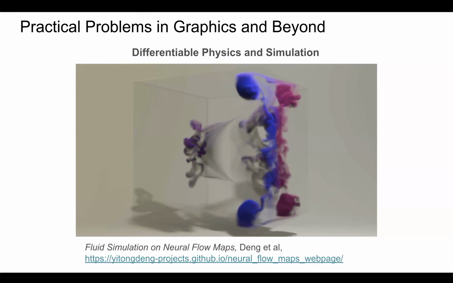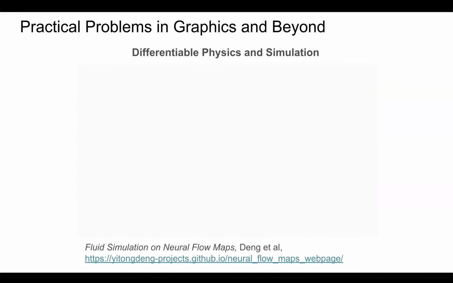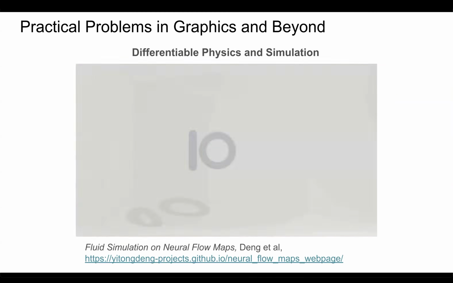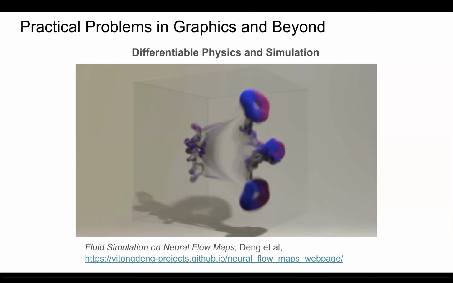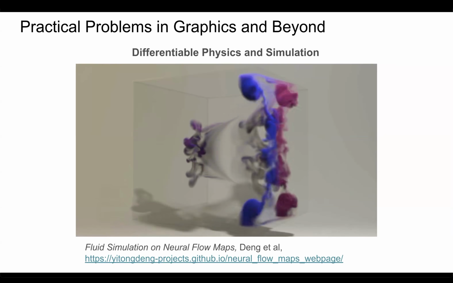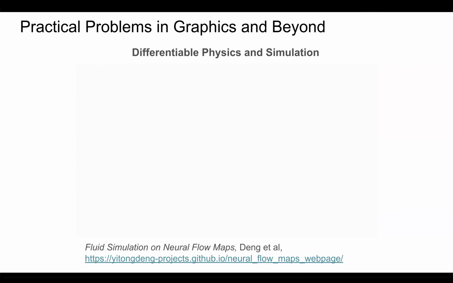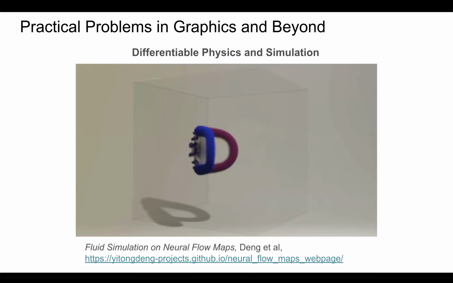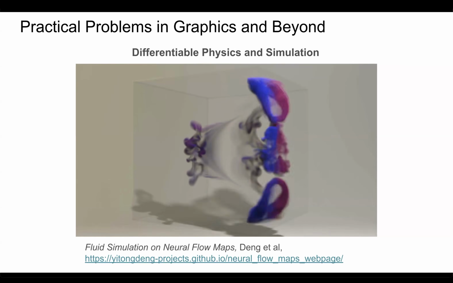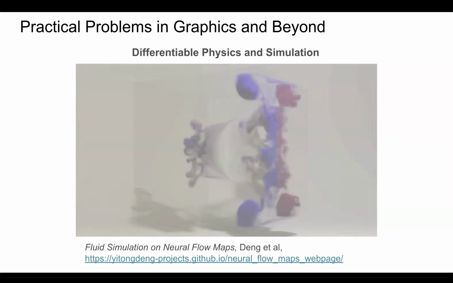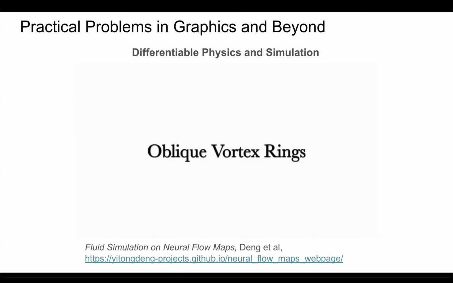And then they leverage the network's differentiability to achieve better accuracy and stability in their simulation, which gave them, I think, better energy conservation and reduced numerical dissipation. So in this instance, the differentiability of the neural network itself is fundamental to the simulation, and it allowed them to solve some longstanding problems in fluid dynamics with a novel technique.